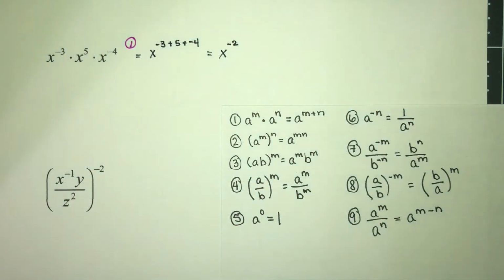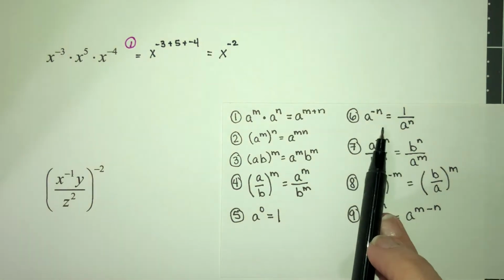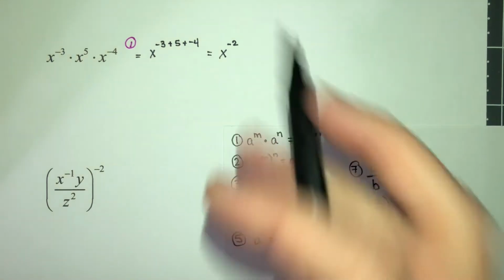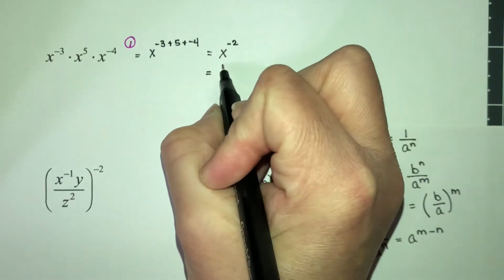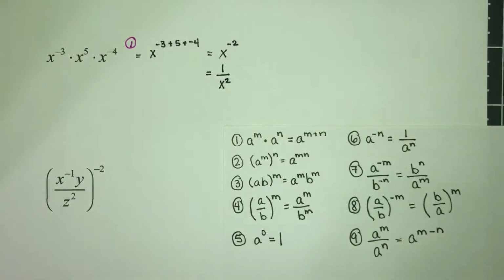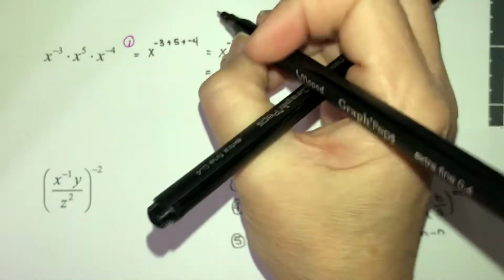Okay, so if I have x to the negative 2, now we're not allowed to keep a negative exponent. I have property number 6 here. I take that negative exponent and move it down into the bottom. So this is the same as 1 over x squared, and that would be your answer.